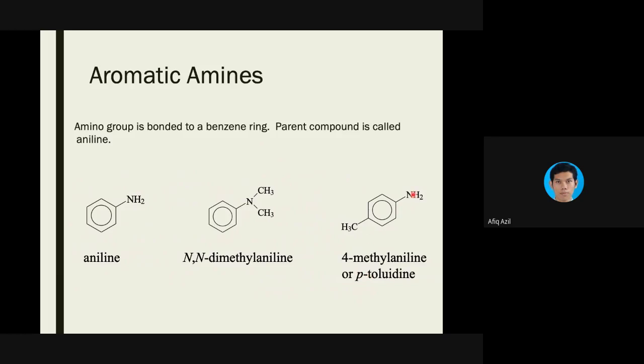Para, because of the positions 1 and 4. So you can also use P here, P-methyl aniline, instead of 4. But the name toluidine is used when you have NH2 and CH3 on the same benzene ring. This is another common name, but you may stick with 4-methyl aniline as well.